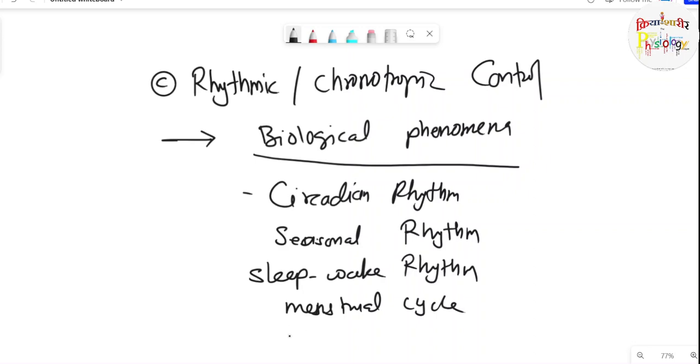And the last one is phases of development, different phases of development.